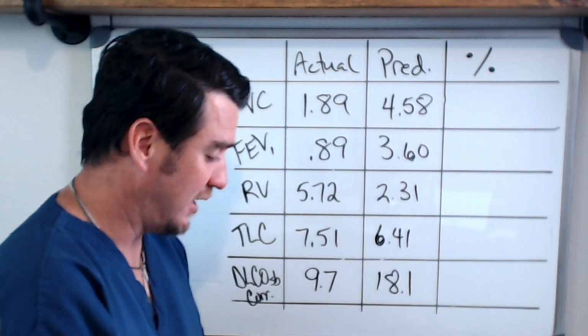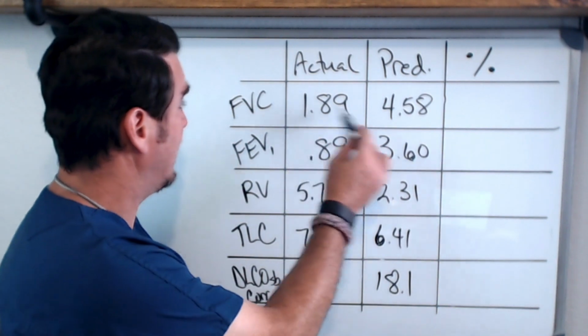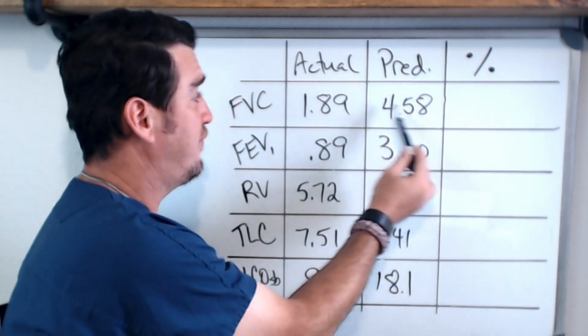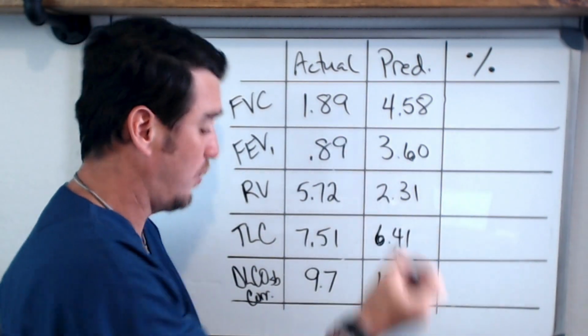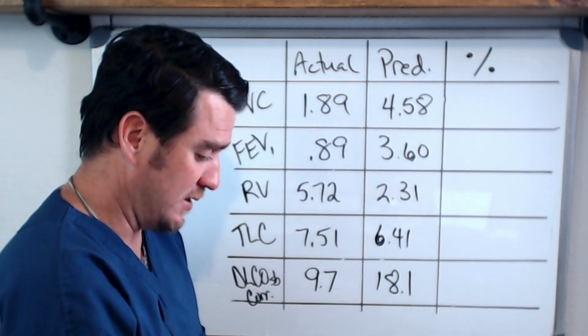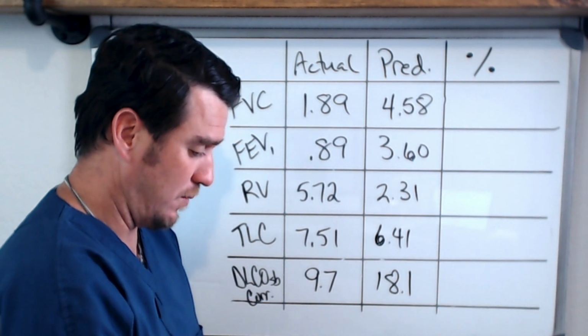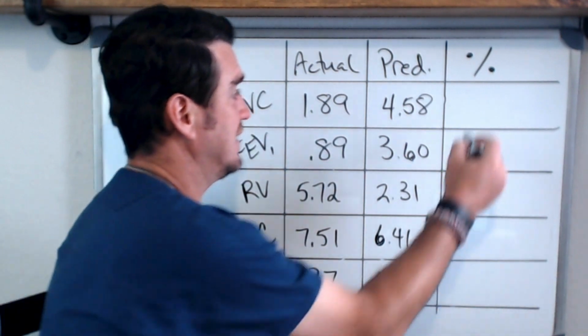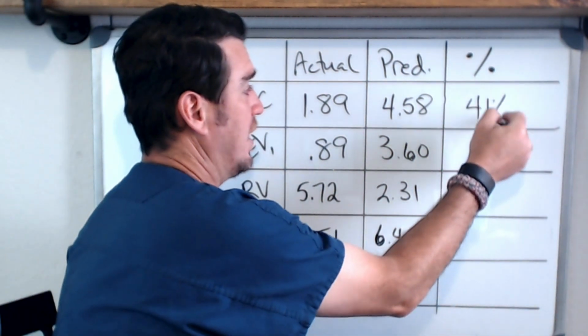So we're going to start here with our FVC. If we want the percentage of our FVC, then we're simply going to do 1.89 divided by 4.58, and that is 41%.